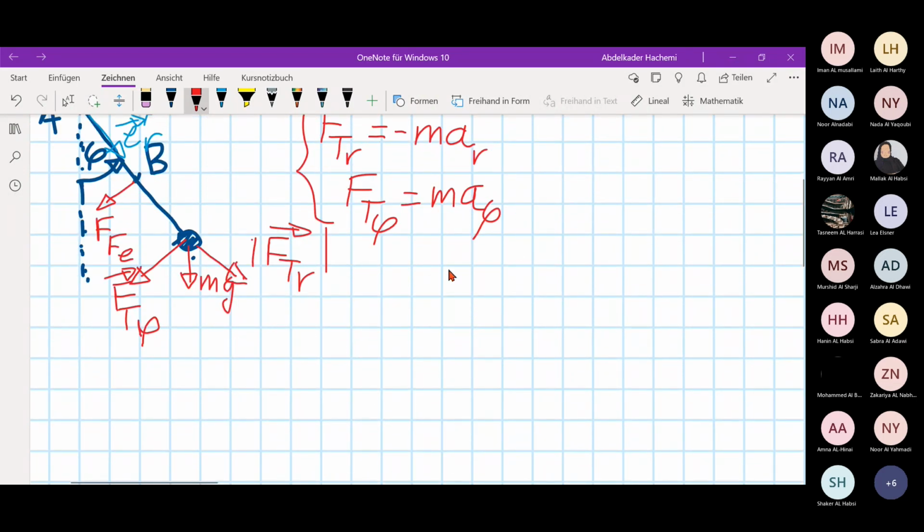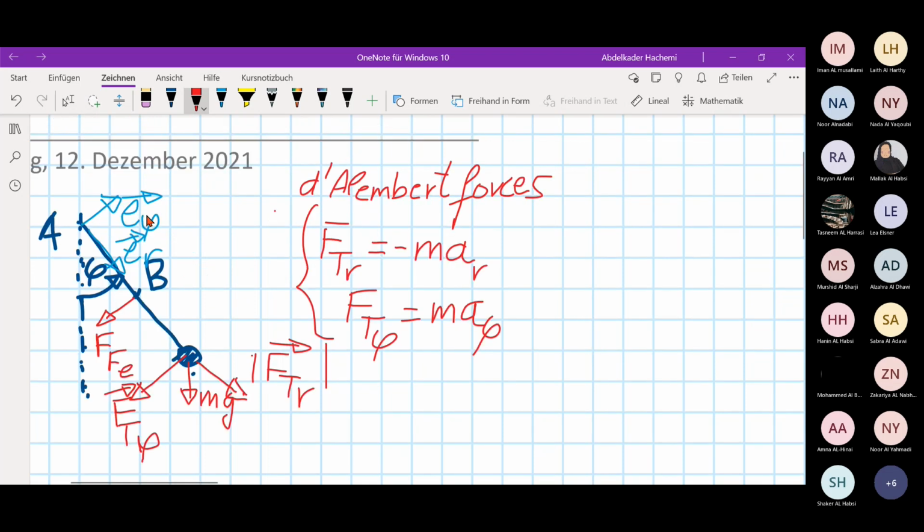Then if we look at this exercise, we had it in the lecture.